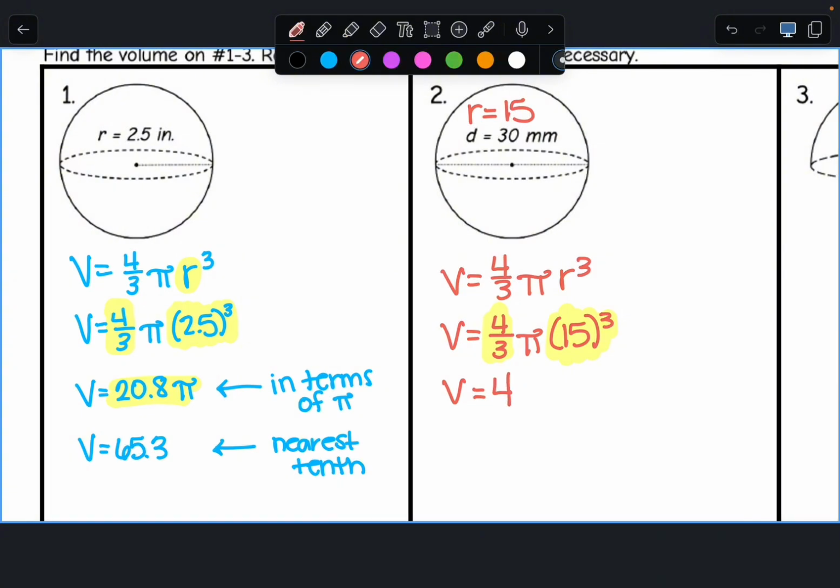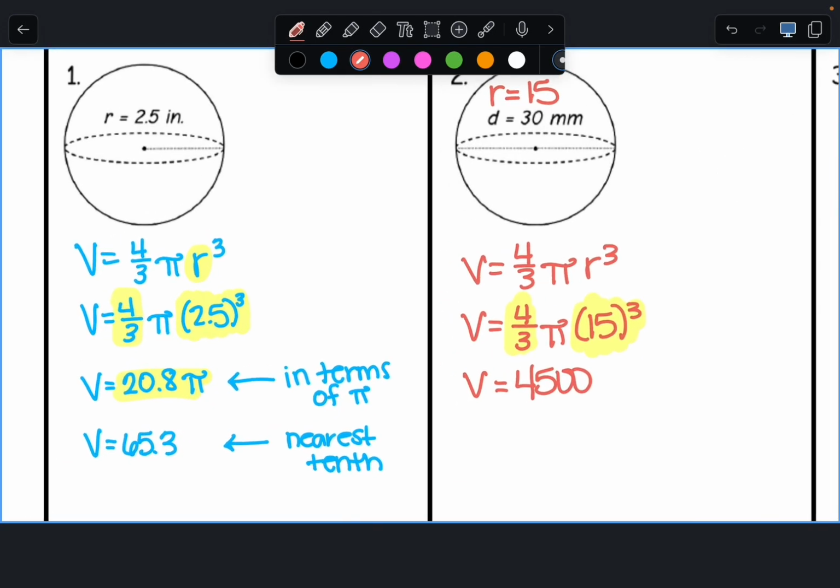Yes? It says to the nearest 100. That's fine. On the assignment, it'll be to the 10th. So that's why I'm doing it like that.